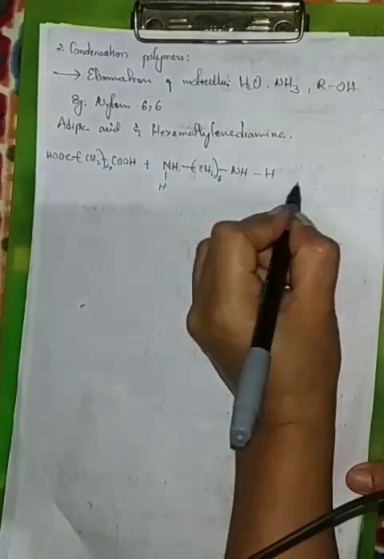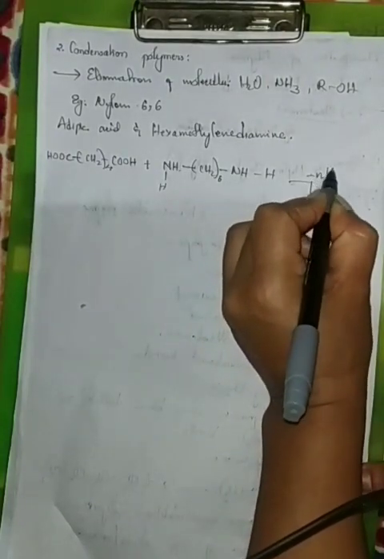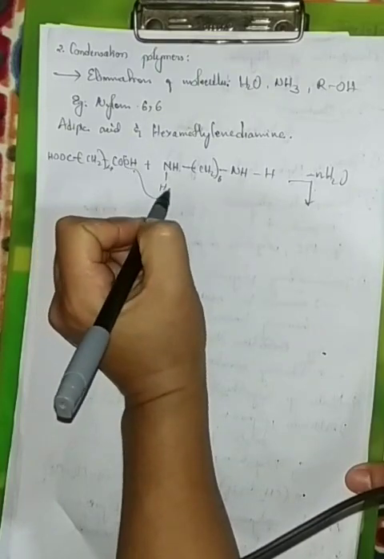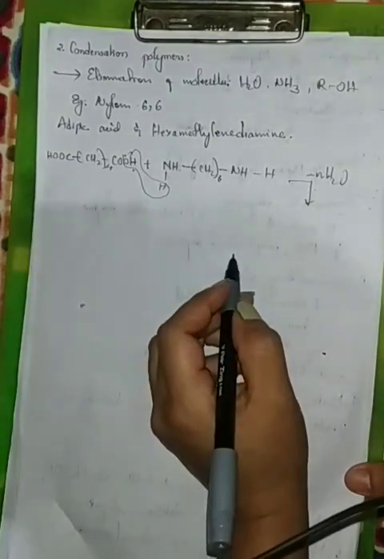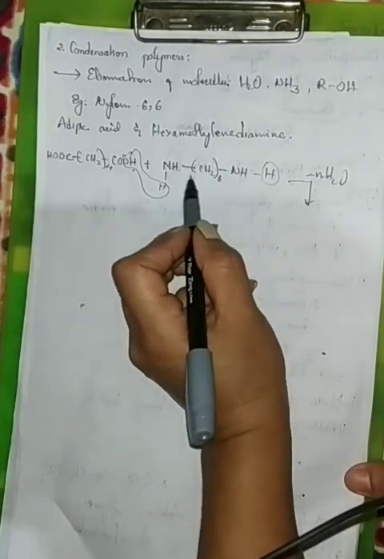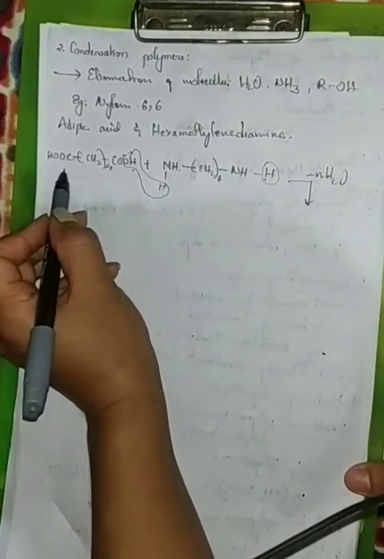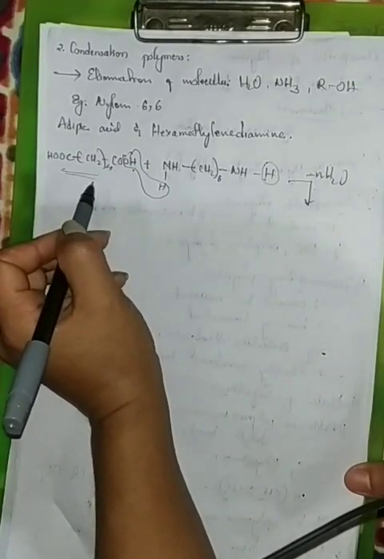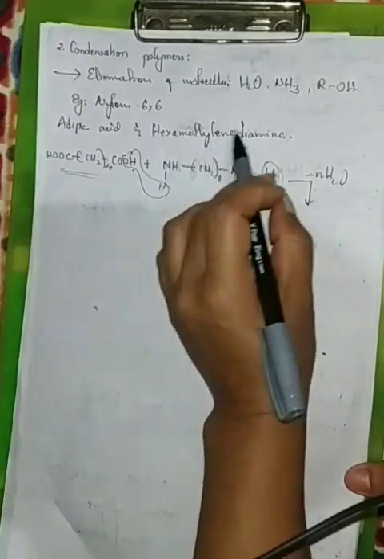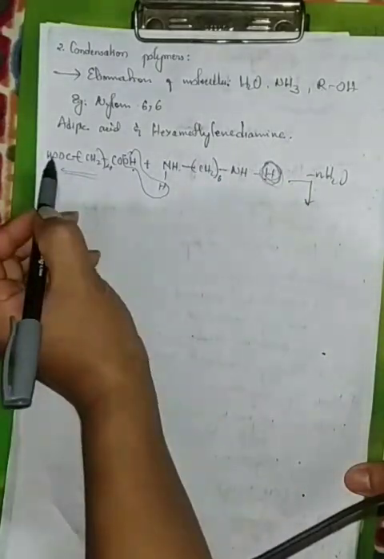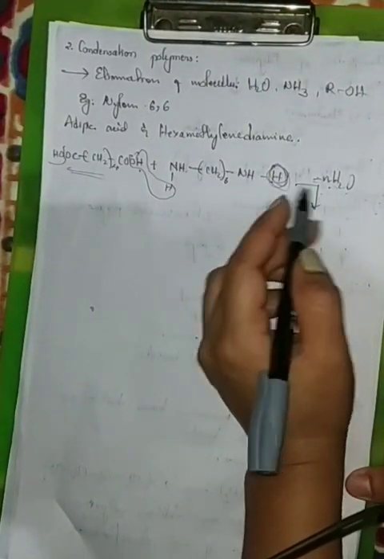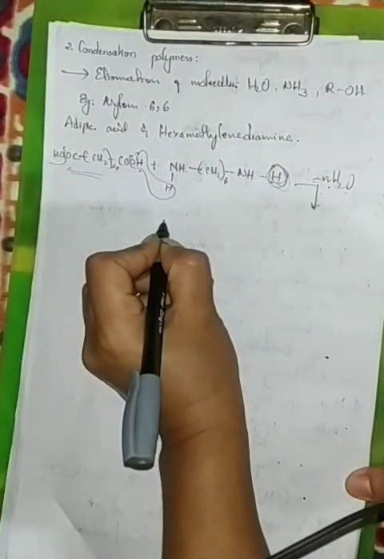Now there is removal of n molecules of water. That means from here, the OH, there's removal of water. Even the H from this hexamethylene diamine. Since there are n molecules of adipic acid, this H removes this OH, and there's removal of n molecules of H2O, and there is formation of our nylon 6,6.